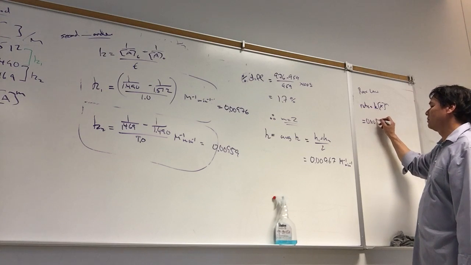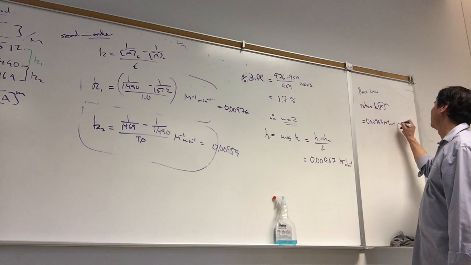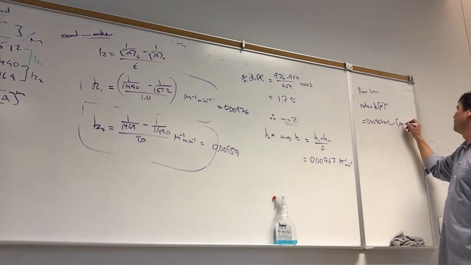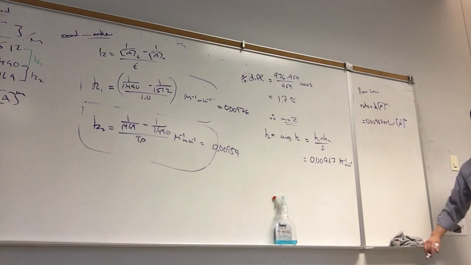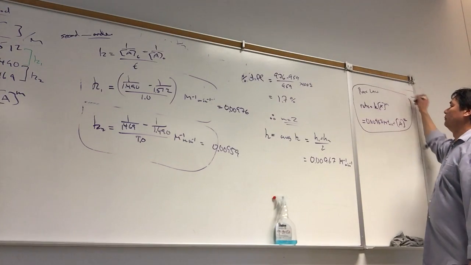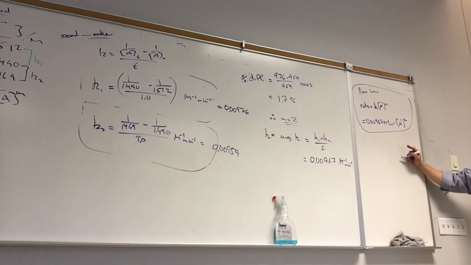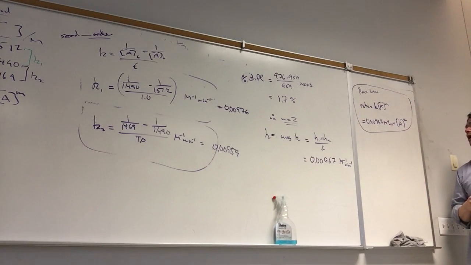It's 0.00967 molar to the minus 1, minutes to the minus 1. And we know what M is. M is 2. Okay, so this would be the rate law. The rate law will allow us to predict the rate at any concentration. It allows us to predict what happens if we double the concentration. If we double the concentration, the rate should quadruple.